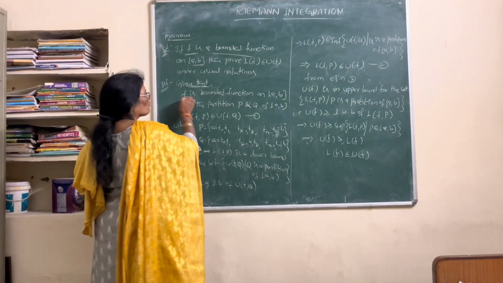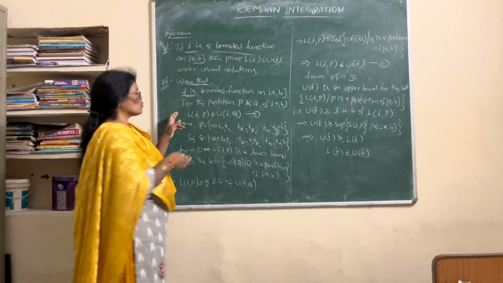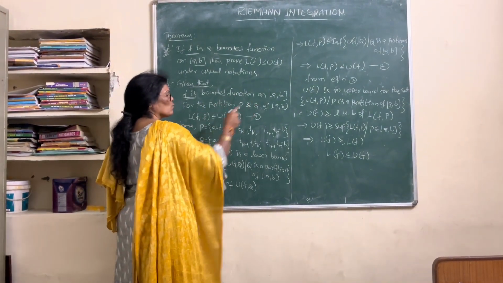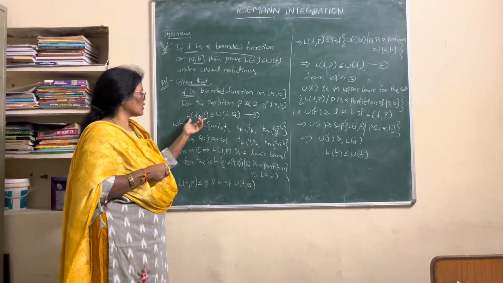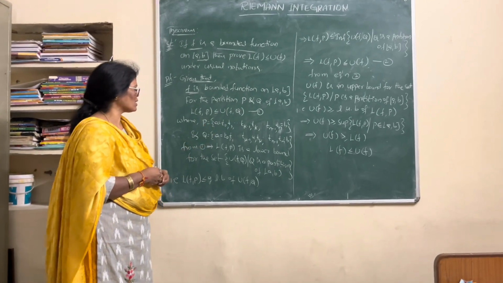Given that here f is a bounded function on the closed interval a comma b. Okay. So for the partition, let P and Q be any two partitions on the closed interval a comma b, and already we have LFP is less than or equal to UFP by the previous inequation. Yes, no?